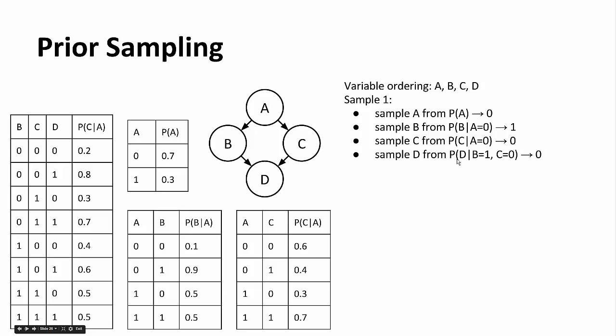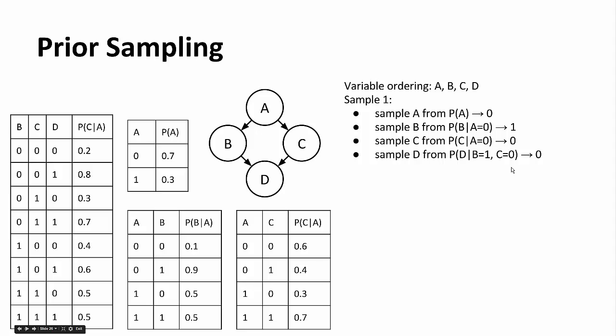Then finally, we sample D from the probability table P of D, given what our sample value was for B and what our sample value was for C. By the nature of our linearization, all of the variables that appear behind the conditioning bar will have already been sampled by the time we get to D.